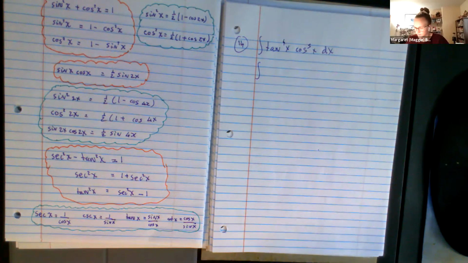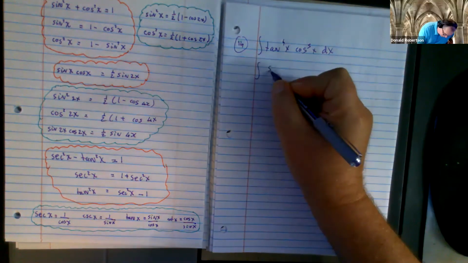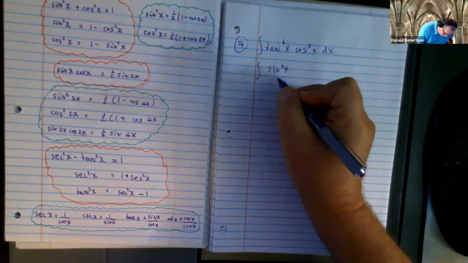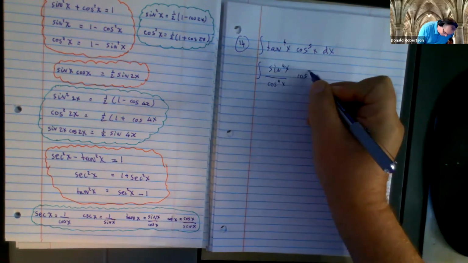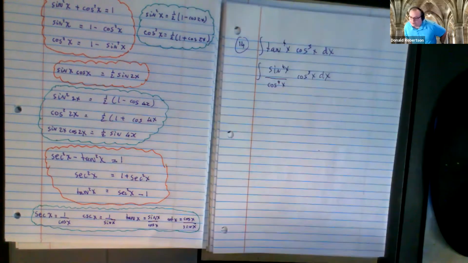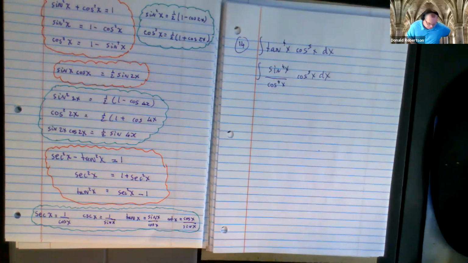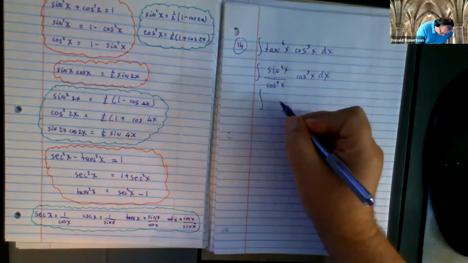Sine x over cosine x. So since there's 4 powers of it, are we happy with that happening? So far, so good. Now, if there's some cancelling, do it.